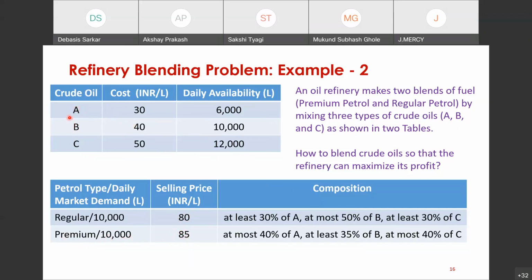The crude oil cost is INR per liter. For A it is 30, for B it is 40, for C it is 50, and the daily availability of crude A, crude B, and crude C are 6,000 liters, 10,000 liters, and 12,000 liters. So how to blend crude oil so that the refinery can maximize its profit?